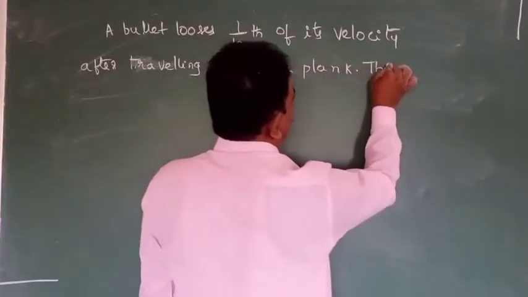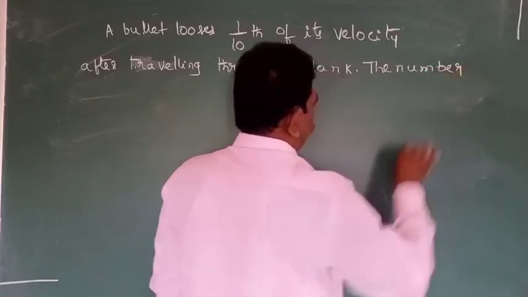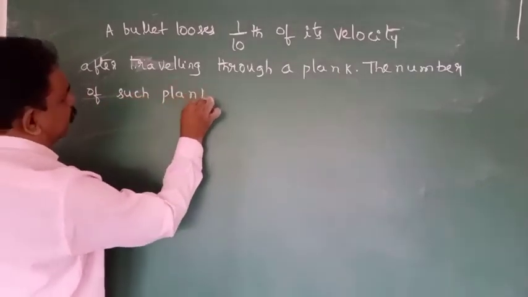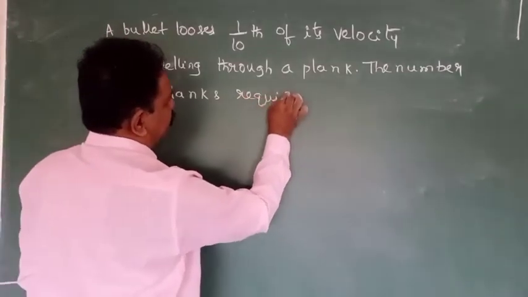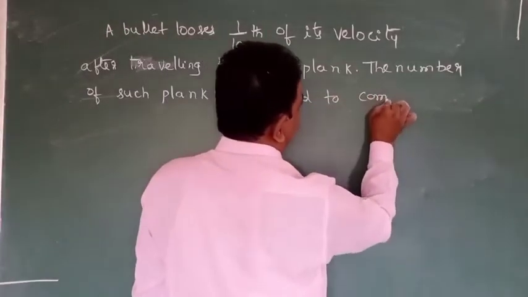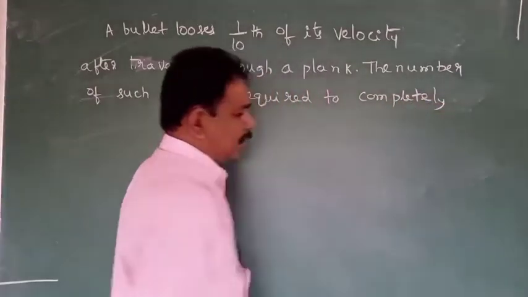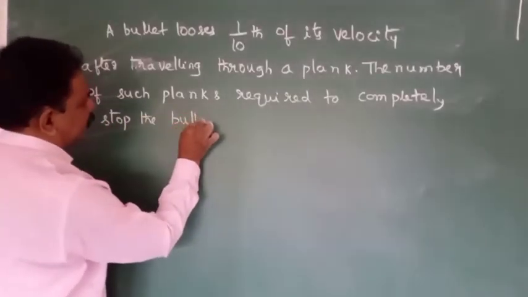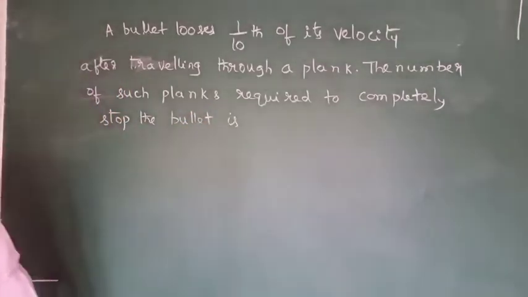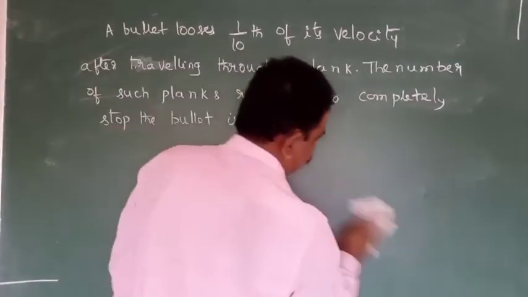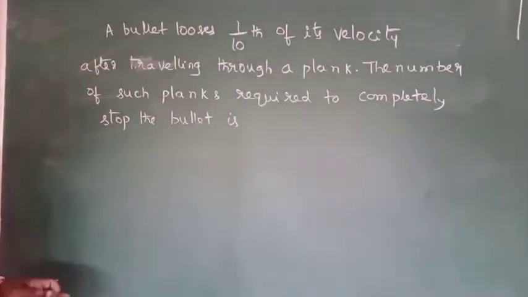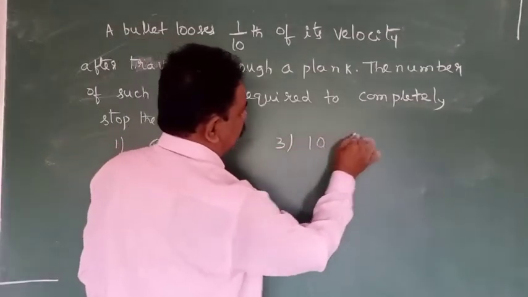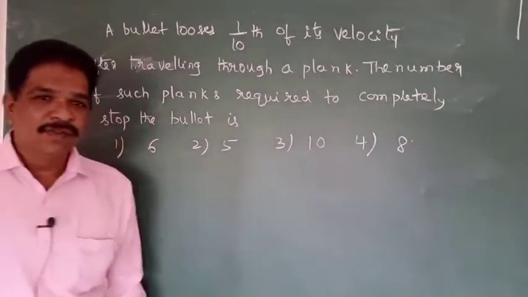The number of such planks required to completely stop the bullet is, okay, some answers are like this: 6, 5, 10, 8. What will be the answer?